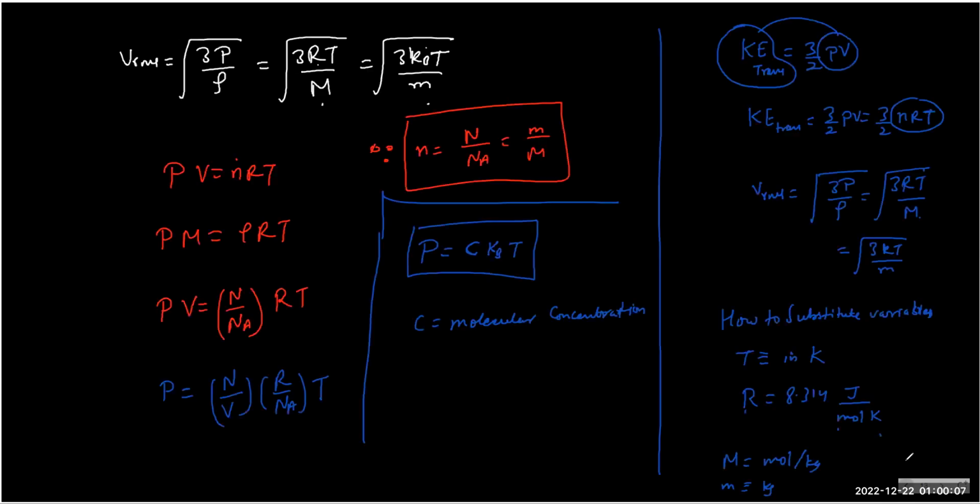So small m, capital M, that is how to substitute. Density will be in kg per meter cube, right?